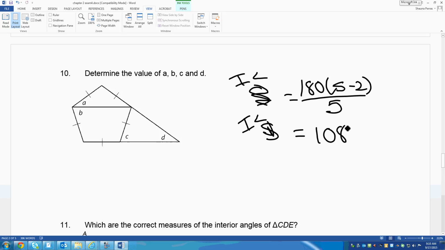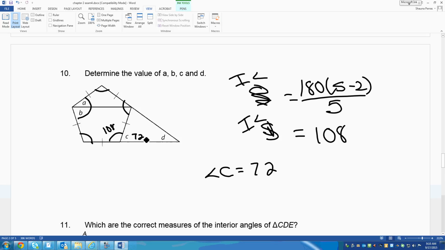So what that means is that this angle is equal to 108, this angle, this angle, this angle, and this big angle is equal to 108 too. So all those interior angles are 108. Right away I can come up with C then, right? Because angle C is 72, 180 minus 108. So angle C equals 72.